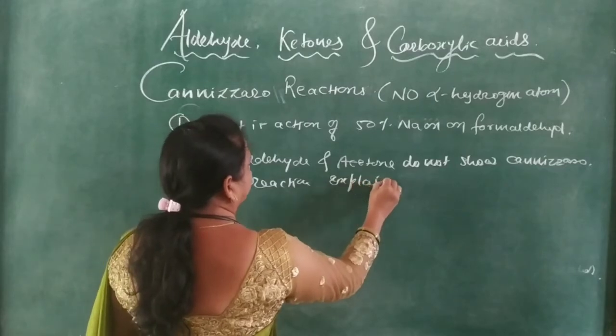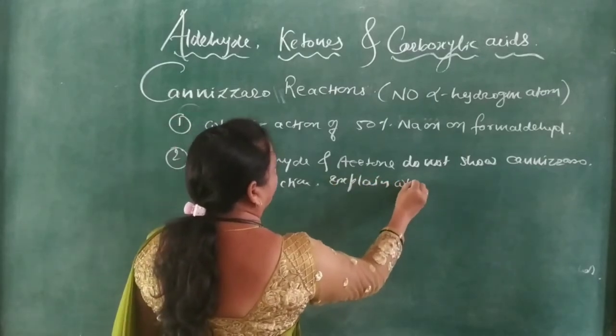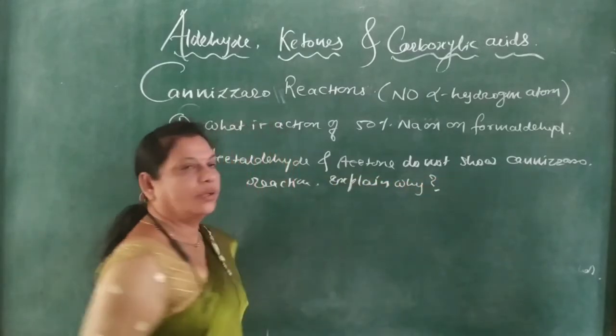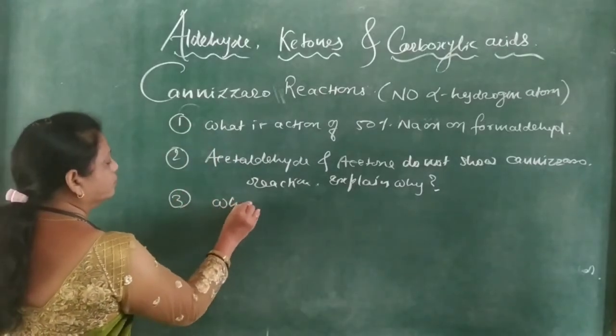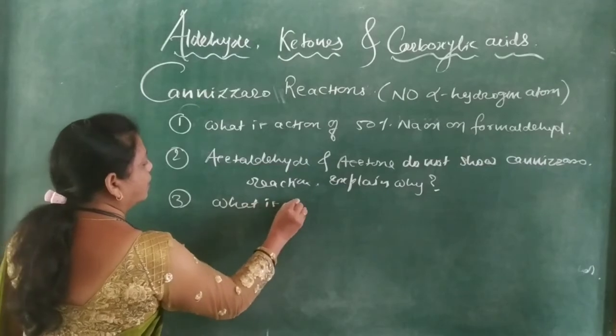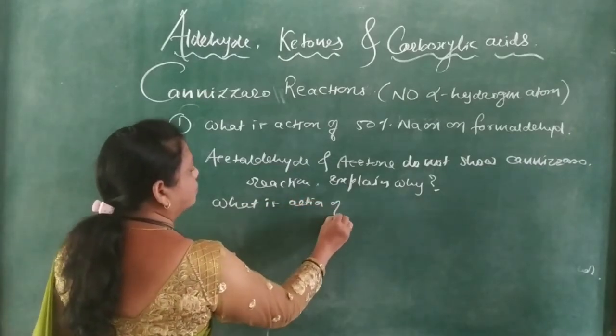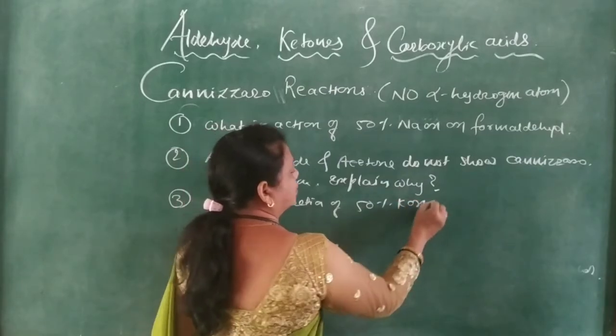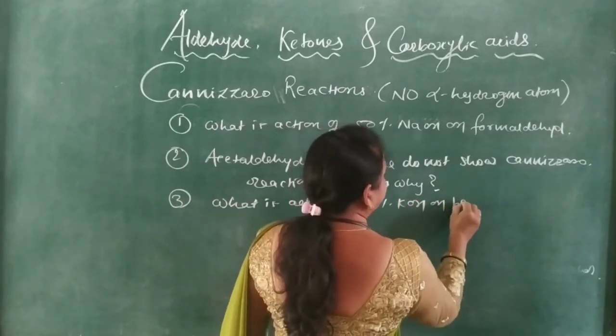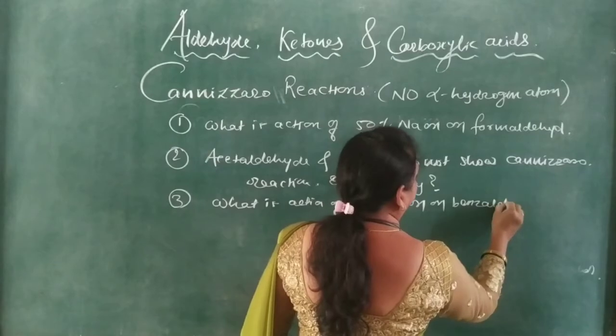Explain why. Next, third one: what is the action of 50% KOH on benzaldehyde?